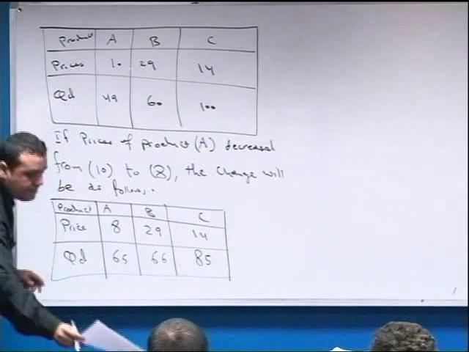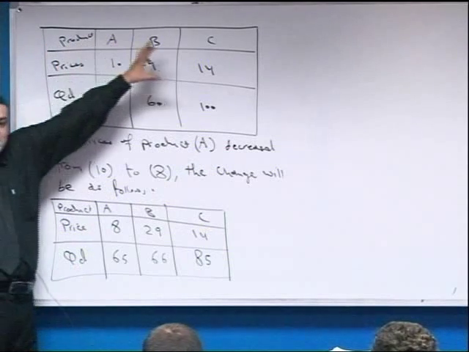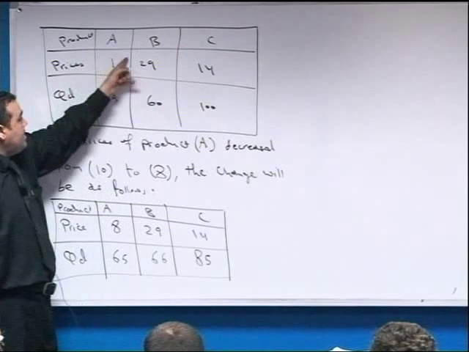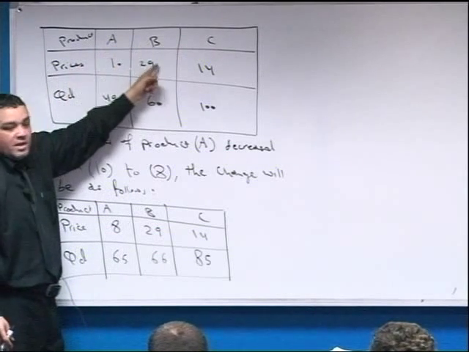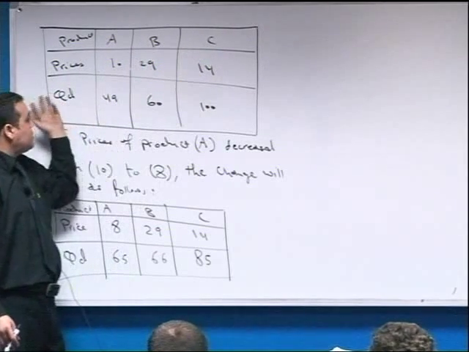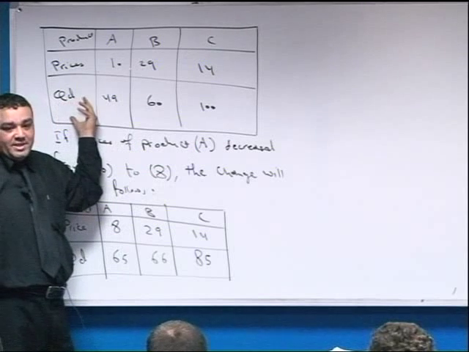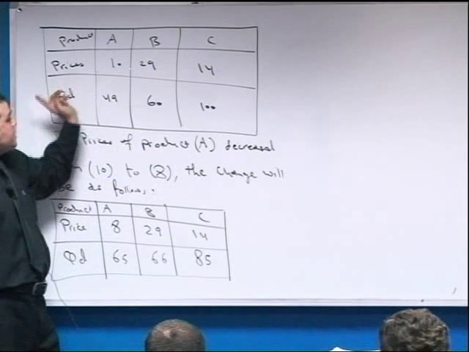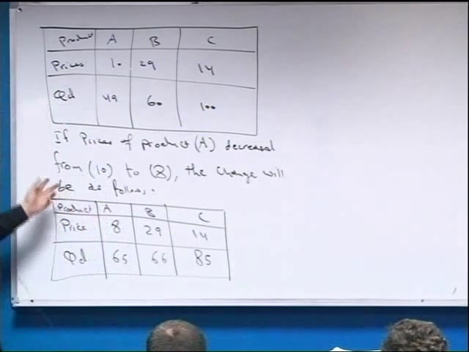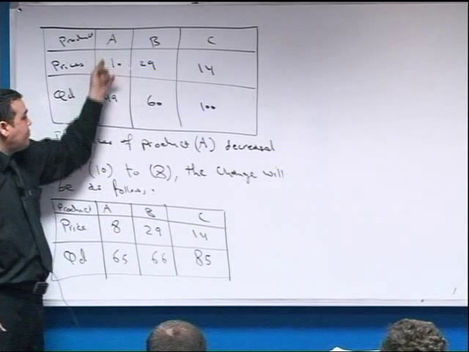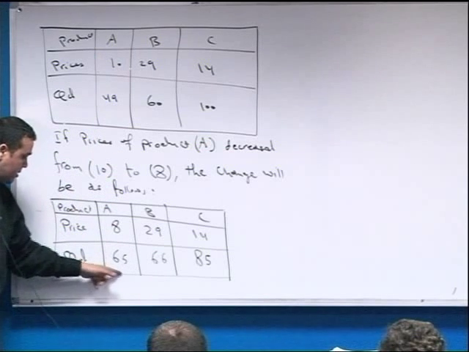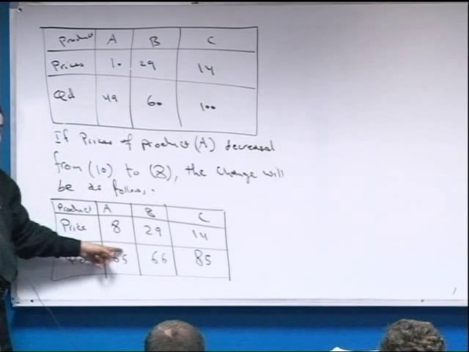so as you see, we have three products, product A, B, and C. The price of product A is 10. The price of product B is 29. The price of product C is 14, and the original quantities demanded for these products are as you see. The assumption is there is a decrease in the price of A. It has affected the quantity demanded for the product itself.